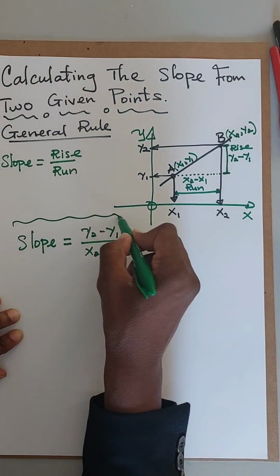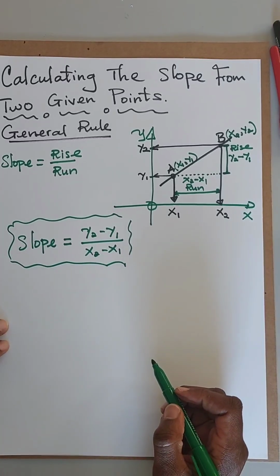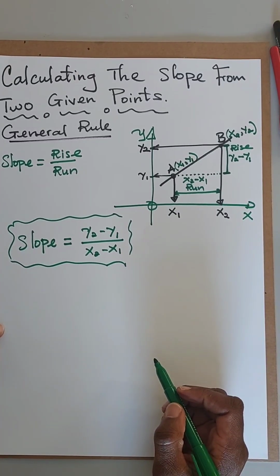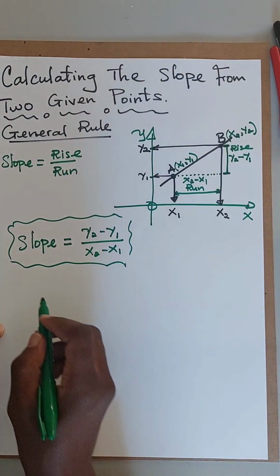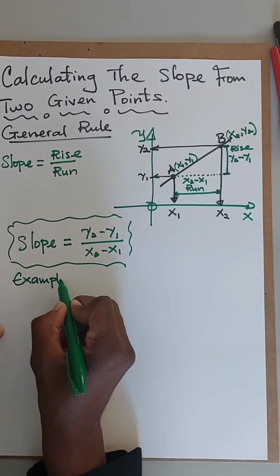So this is a general rule that can be used every time to calculate the slope if we have 2 points. Now let's make it concrete by getting an example that has actual numbers.